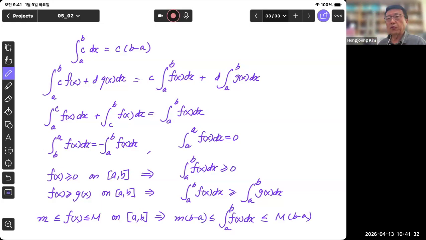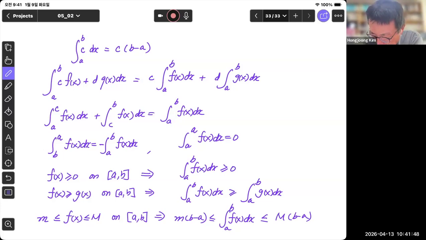So these are the formulas introduced in this section. Some of them can be derived easily from the definition or the concepts combining the area.